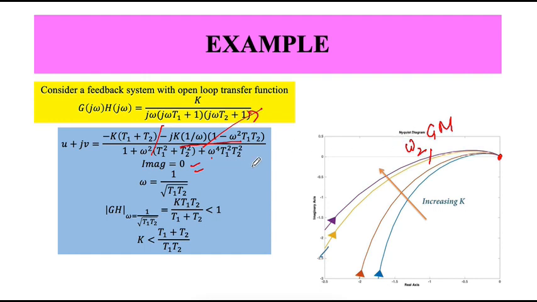The magnitude at omega equal to 1 by root T1 T2 is equal to K T1 T2 over T1 plus T2. If I put in the magnitude, this will be plus, so this part will go away.